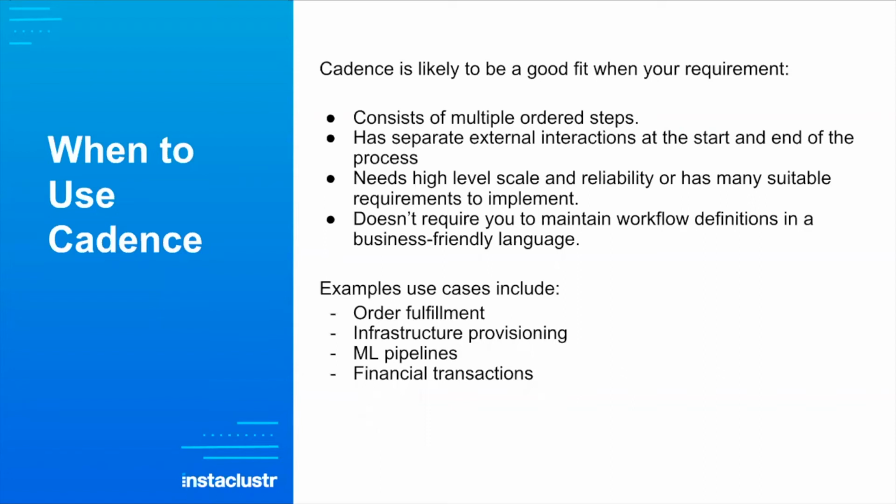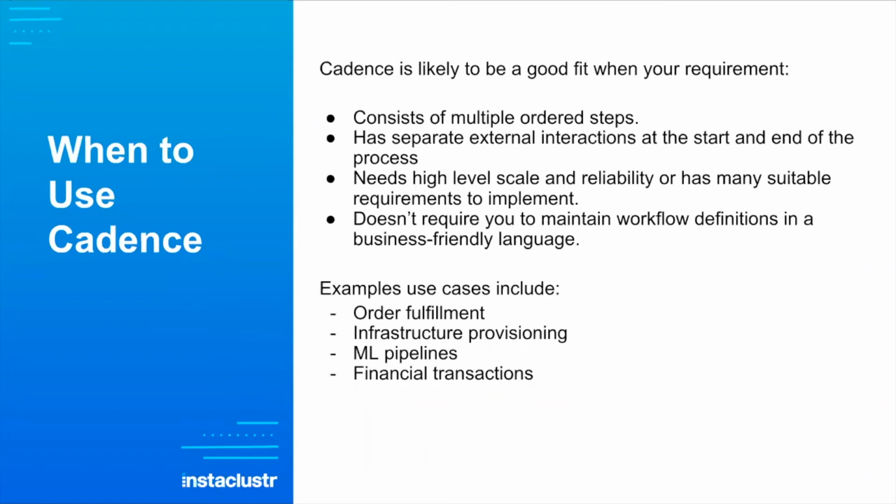So some of the places that people use Cadence, order fulfillment is a good one. Where the DoorDash order, where you've got multiple steps between the consumer choosing what they want to eat and that actually being cooked and delivered to their doorstep. You can imagine with Uber being a big user, there's lots of use cases in there around ordering Uber Eats or rides on Uber.